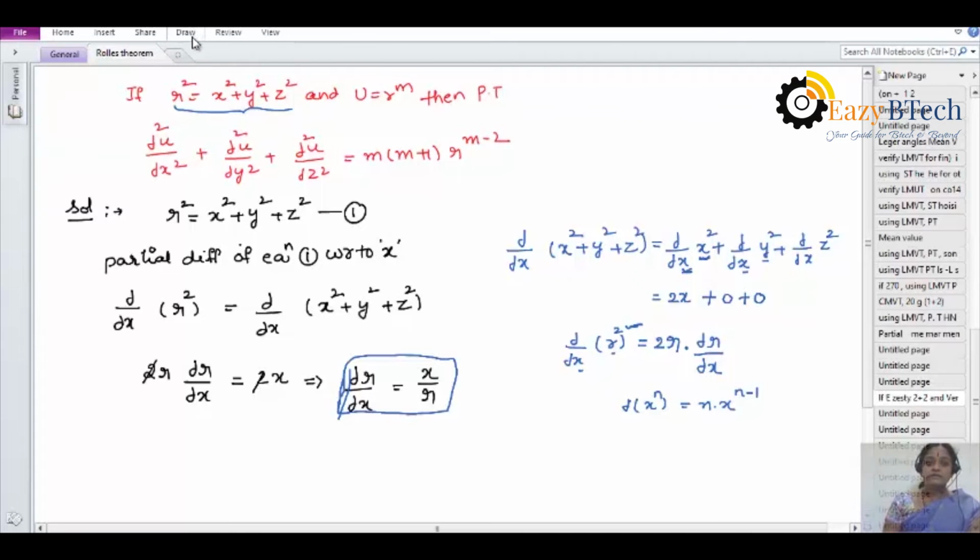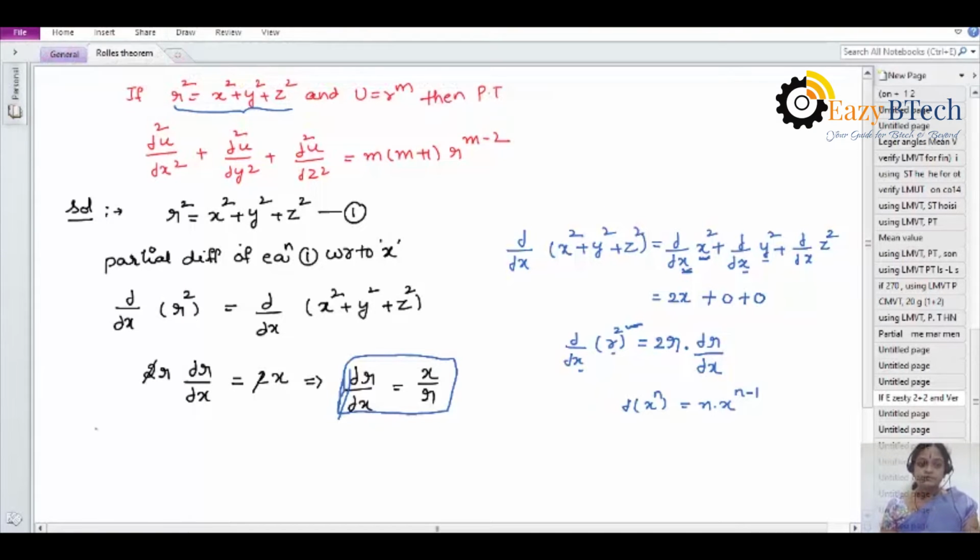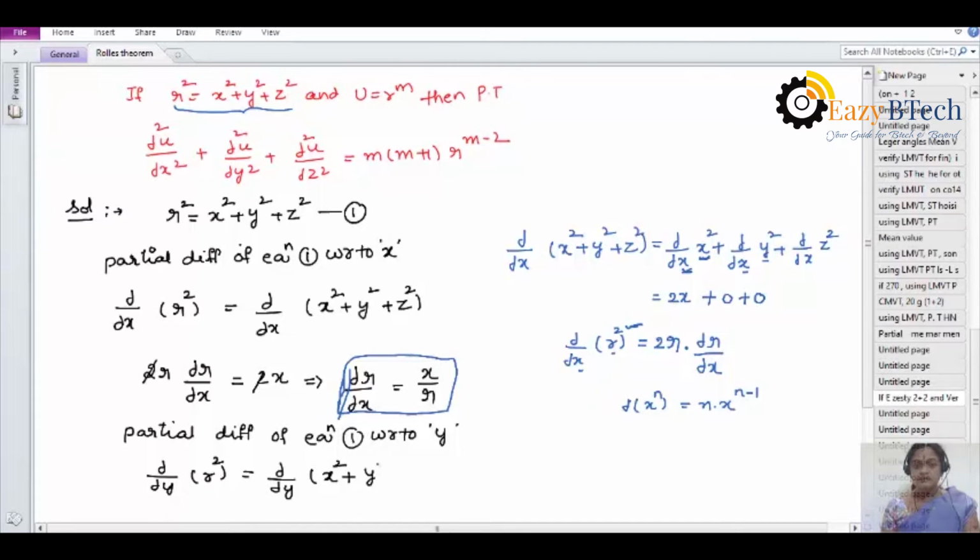Now again doing partial differentiation with respect to y of the same function, that is, partial differentiation of equation 1 with respect to y. Now I am writing that. Dou by dou y of r square is equal to dou by dou y of x square plus y square plus z square.